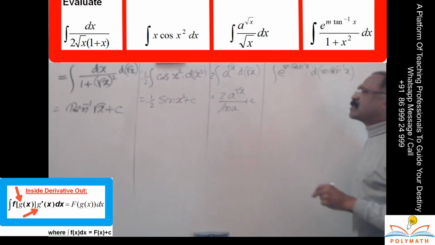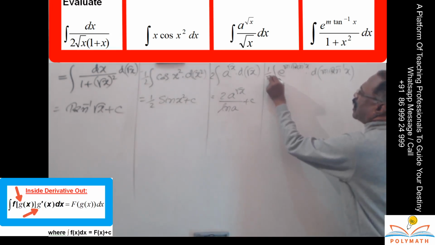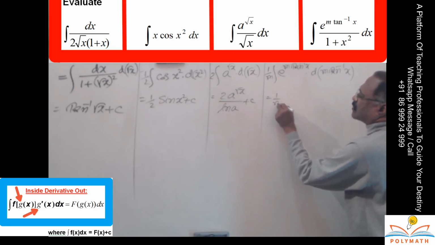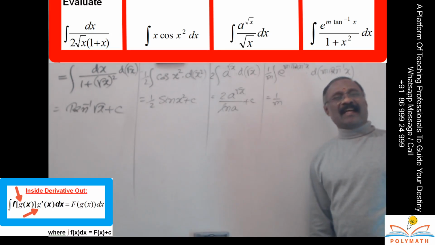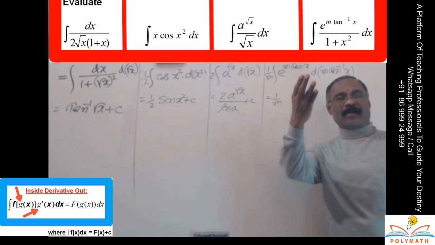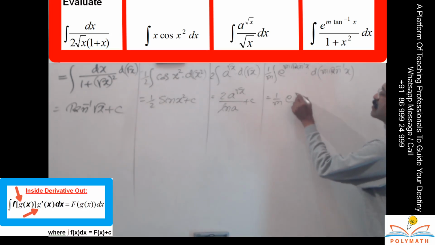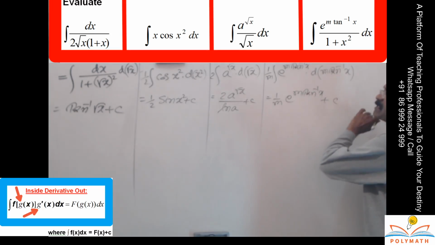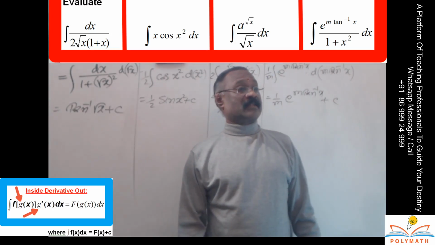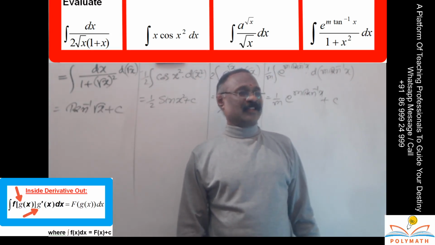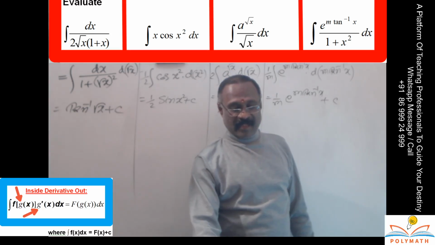Of course, m is missing, so write 1 by m outside. Consider this as e power x only. What is integral of e power x? E power x. So your answer is e power m tan inverse x plus c. Done. So this is inside derivative out. That is why I named it inside derivative out.